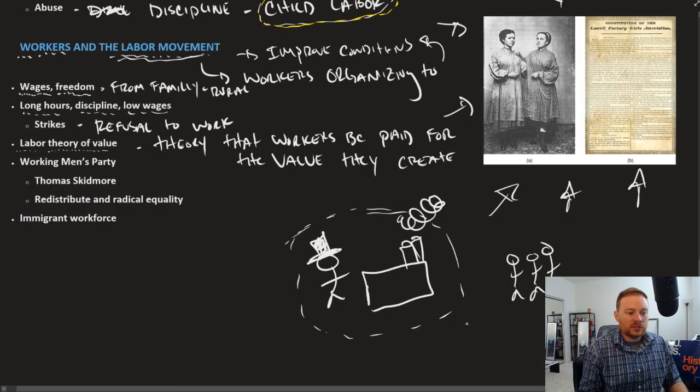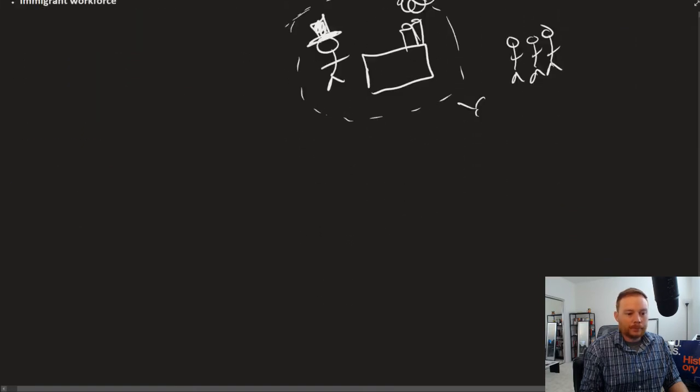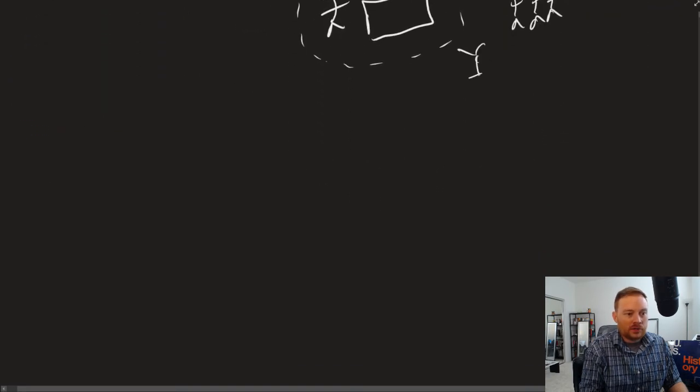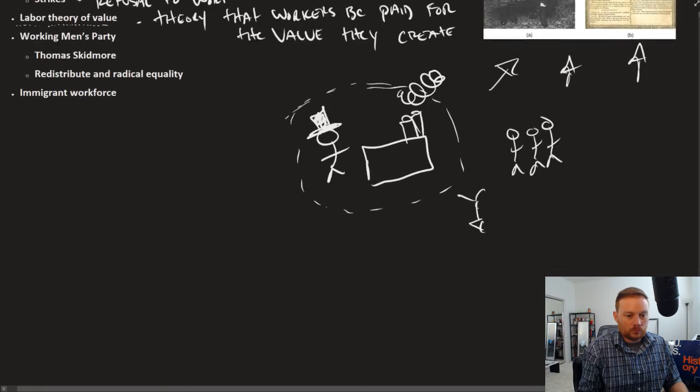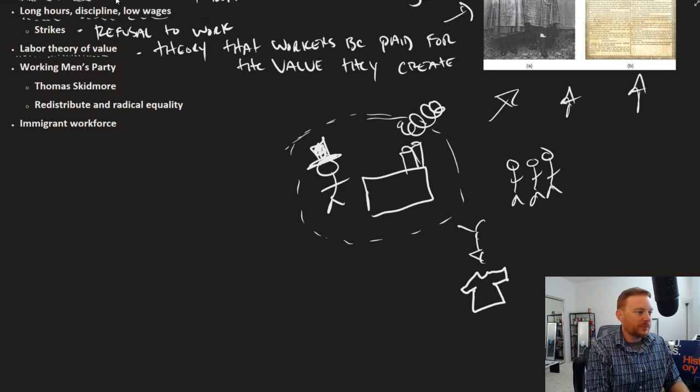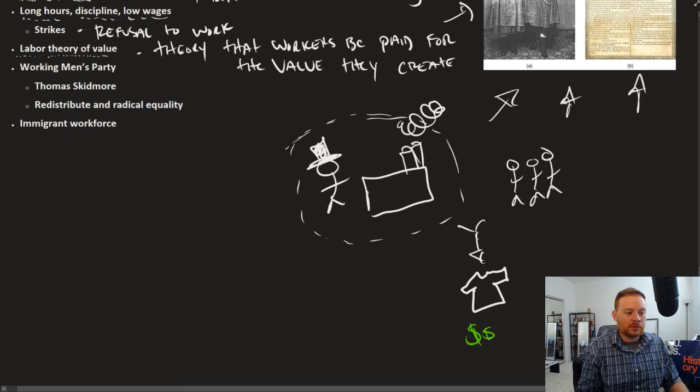And these two things together, I'll scroll down here so we can see, right, these two together create a product, right? They create a shirt, right? That shirt sells for a certain amount of money, right? Let's say 1, 2, 3, 4, 5.